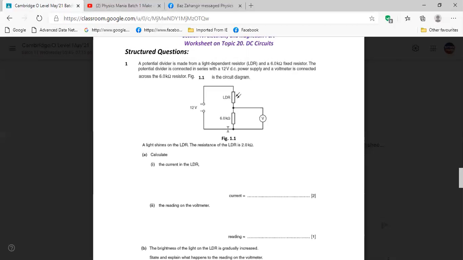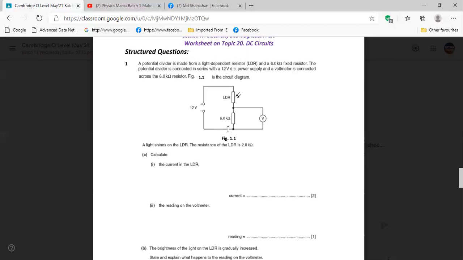Kilo means 10 to the power 3, not minus 3. Oh, yes. Kilo means 1000. So 1.5 into 10 to the power minus 3 ampere.